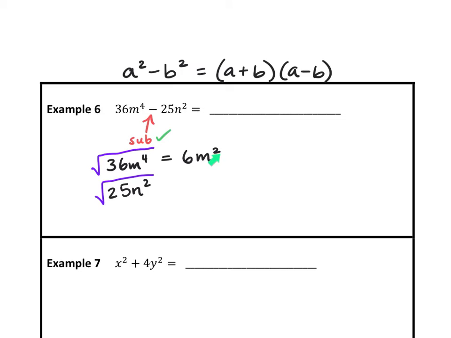That's 2. Okay, the next one is, what's the square root of 25? It's 5, right? And then what's the square root of n squared? Well, what's half of 2? That's 1, so it's going to be n to the 1 power.